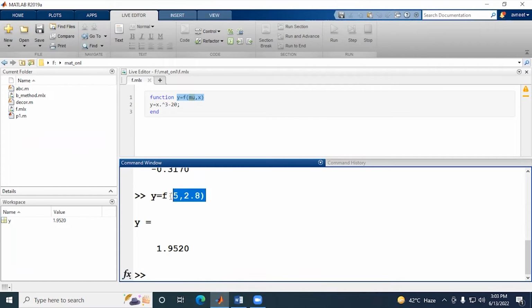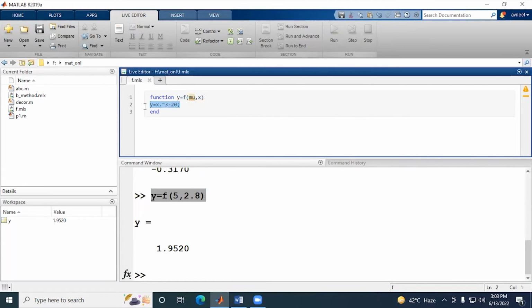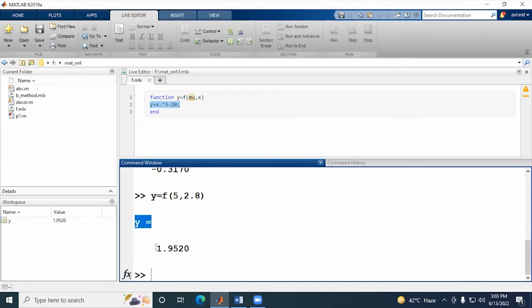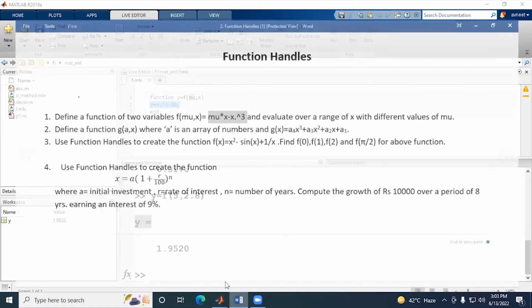Likewise, you can change the input arguments any number of times and observe what is happening with your function. It will always call the body of the function, calculate the value, and give you the answer in the command window. So this was the first question, very simple.